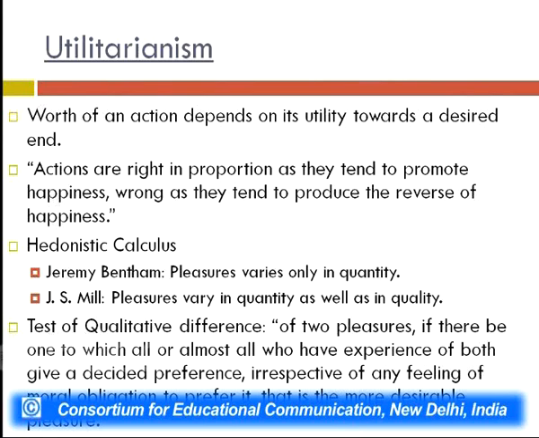In simpler words, his criterion for deciding on qualitative difference between different instances of pleasures is that all the different people who have had an experience of two different kinds of pleasures, and then the majority of them decide in favor of one kind of pleasure over the other, in that case we would qualitatively value those particular instances of happiness more, for which the largest number of people have given preference.